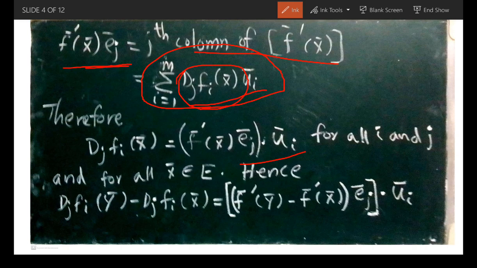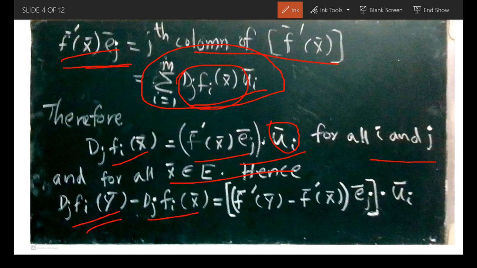So the ith coordinate of that jth column, namely Dj fi of x, is obtained by taking the inner product with ui of the vector f'(x) ej, for all i and j and for all x in E. Hence, Dj fi of y minus Dj fi of x.